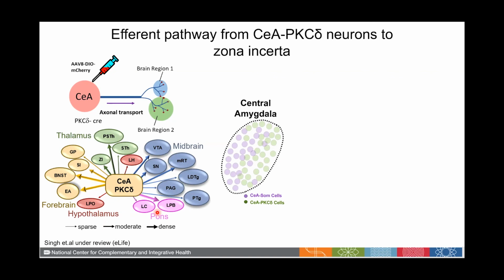This is consistent with classical studies that used traditional neuroanatomical tracers, which demonstrated that the central amygdala projects down and never back to the cortex. We saw some regions that had dense, all the way to sparse, labeling in all of these different structures.